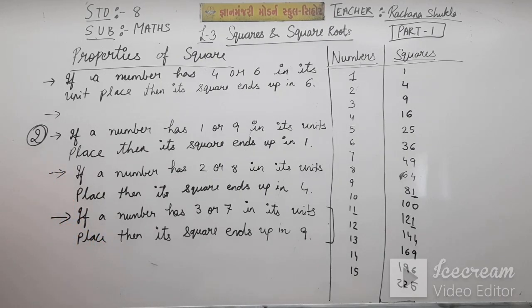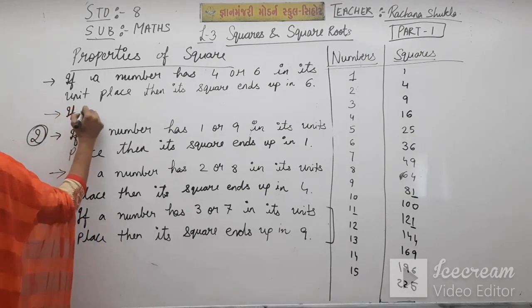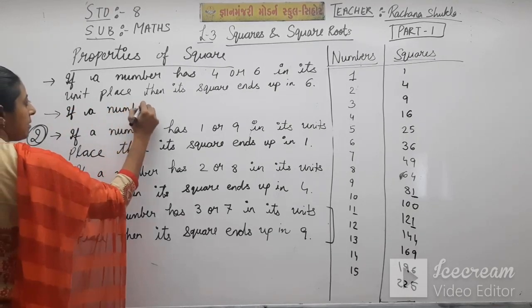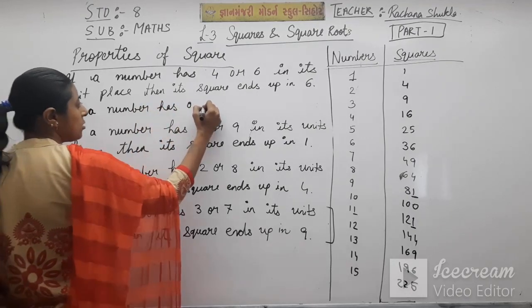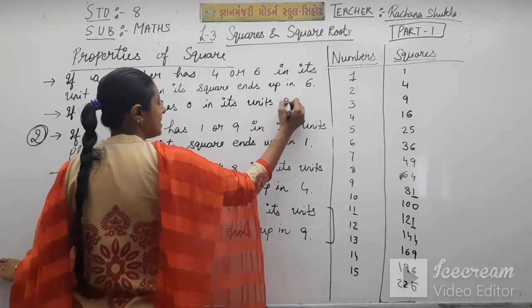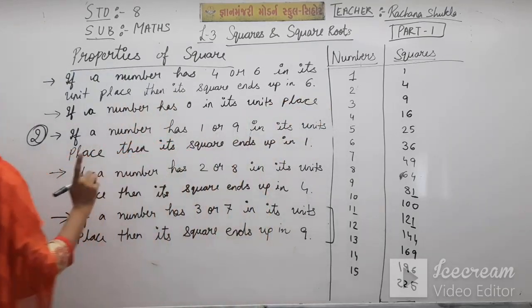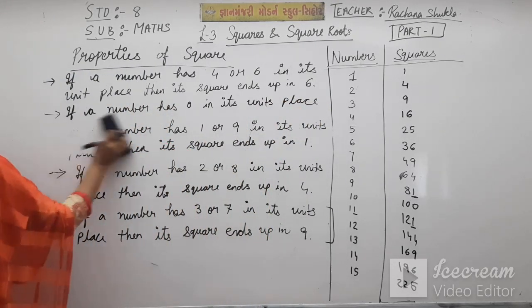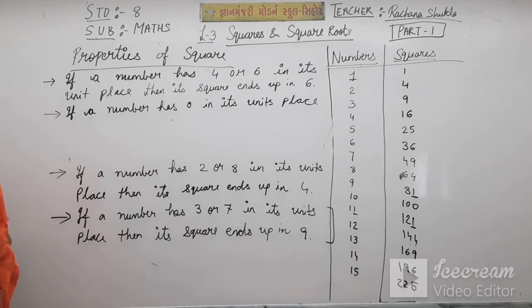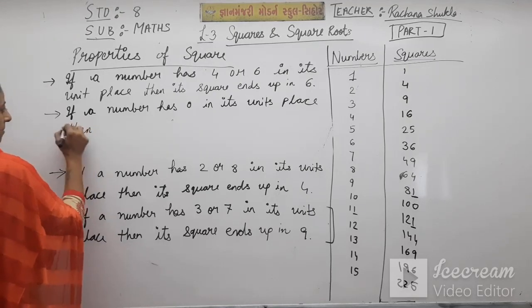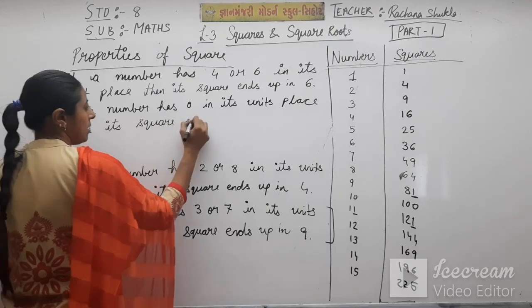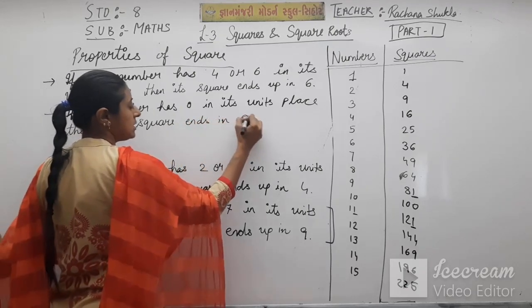Now the next property. If a number has 0 in its unit place, then its square ends in 0.